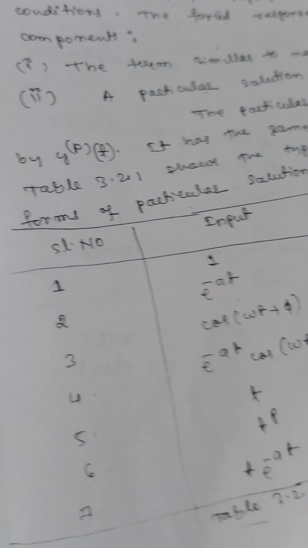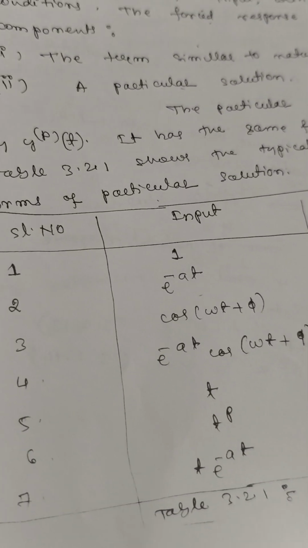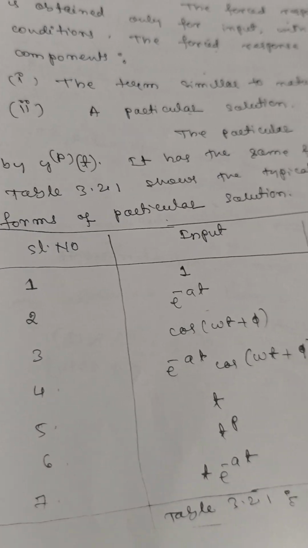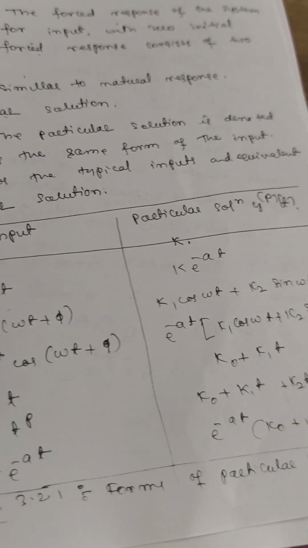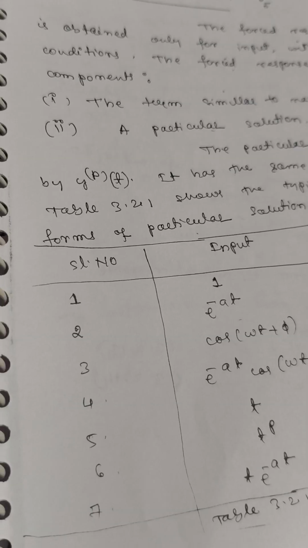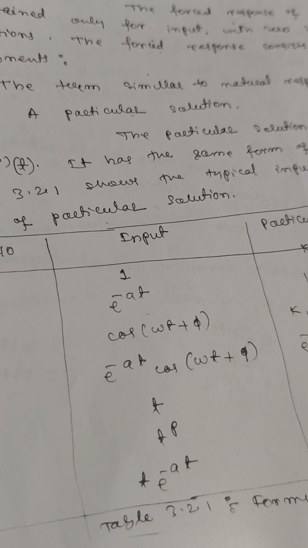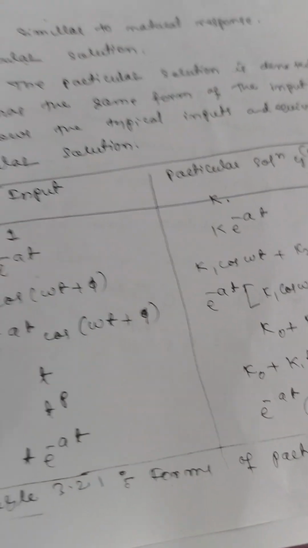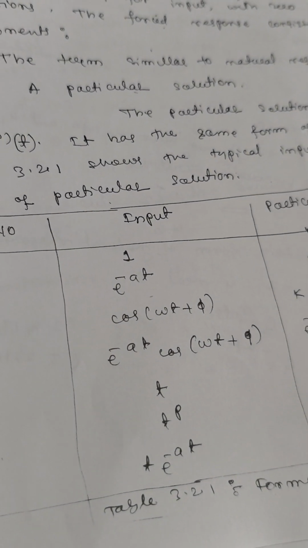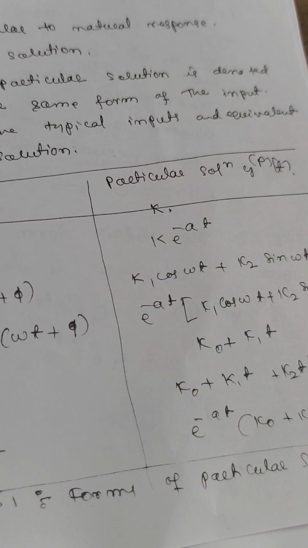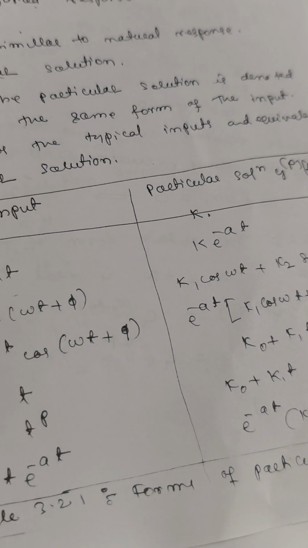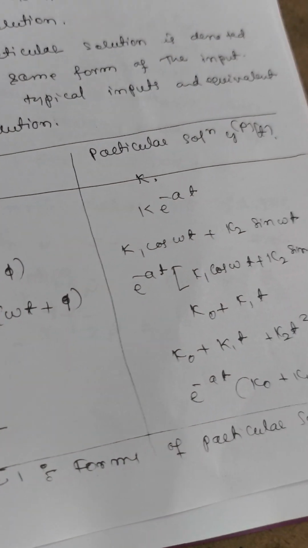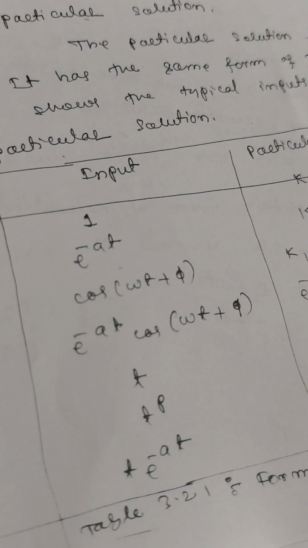This is the table. Table 3.2.1 shows the typical inputs and equivalent forms of particular solution. Here, e raised to minus a t is there. If the input is like this, the particular solution is k e raised to minus a t. Here in place of a, 2 is there.